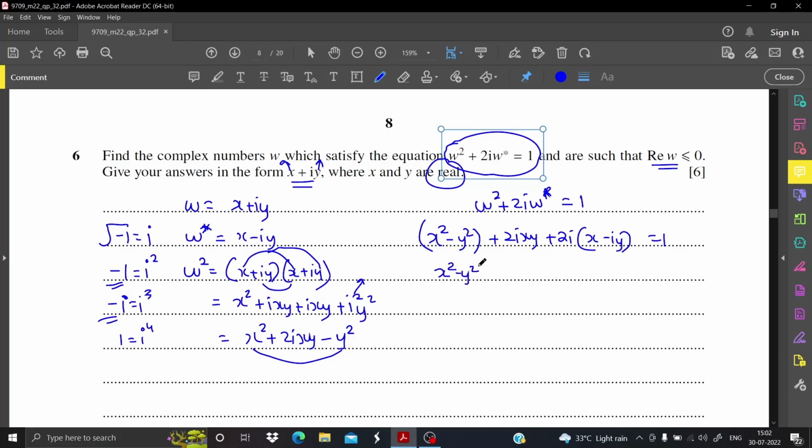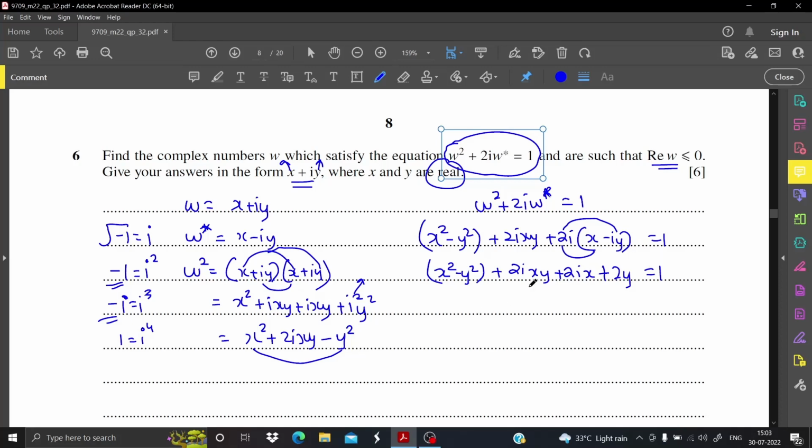X square minus y square plus 2ixy. 2i into x is 2ix. 2i into minus iy, i square is -1. There's already a minus, so it becomes plus. It becomes 2y equal to 1.